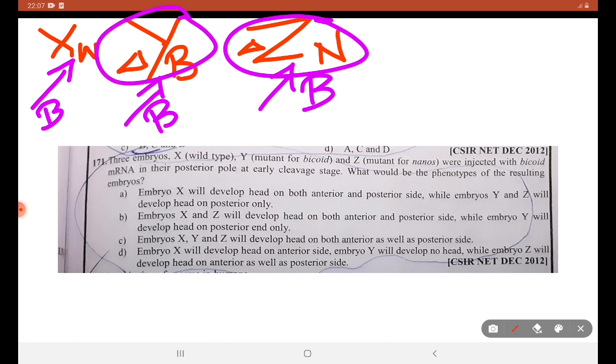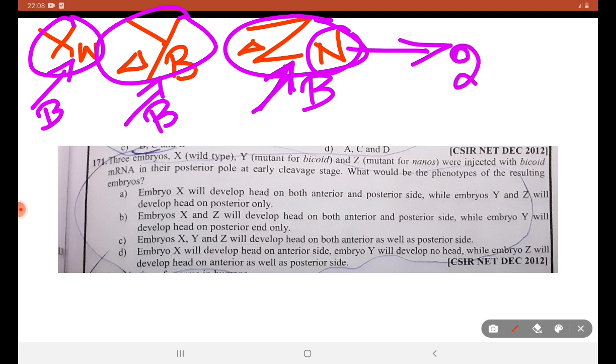What could be the phenotypes in the resulting embryos? If bicoid is injected in Z, what will it form? There is no nanos. In the place of nanos, bicoid is injected. So it forms 2 heads, no tail.